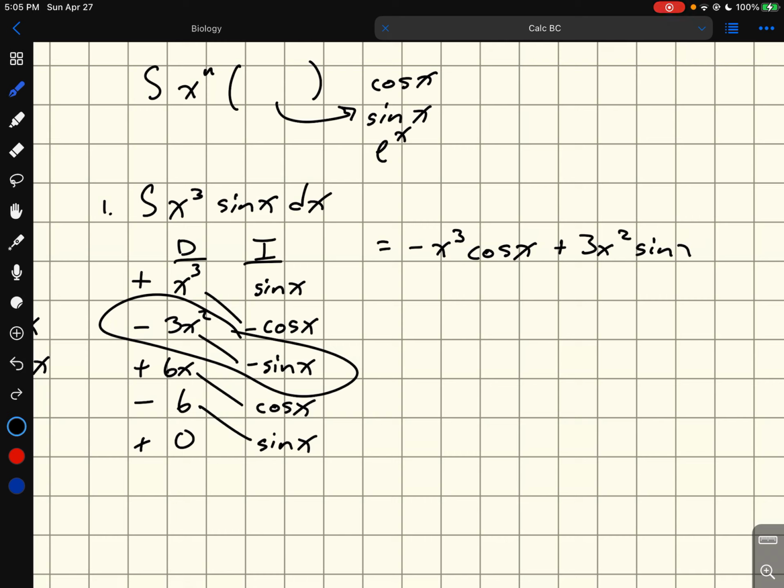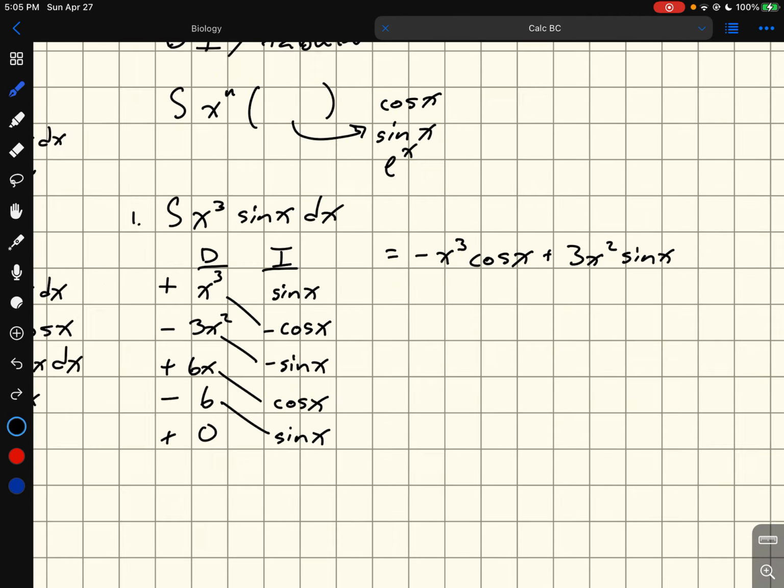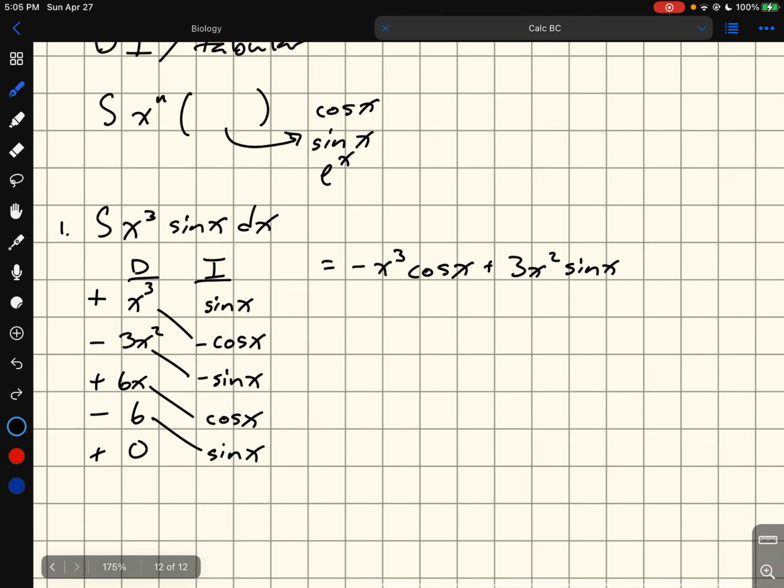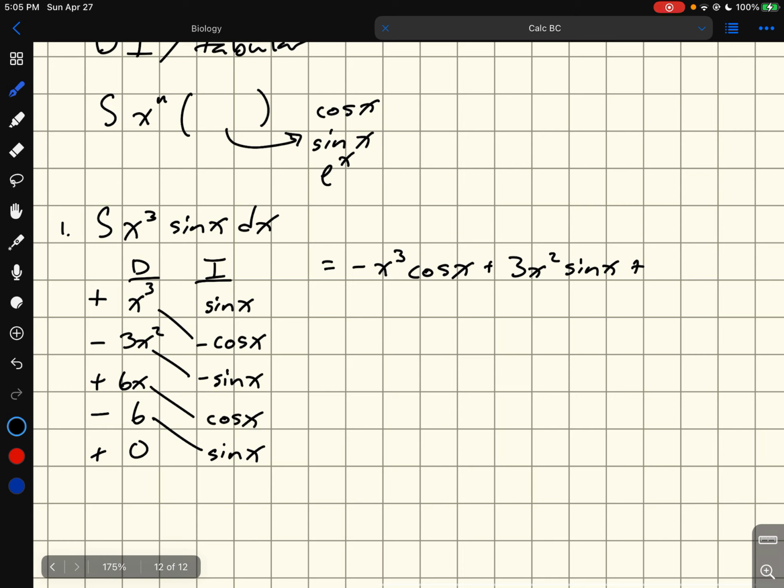Oh wait, I should have gotten rid of that thing first. So positive 3x squared sine x. And then we have a positive 6x and a positive cosine x. So that's positive 6x cosine x.